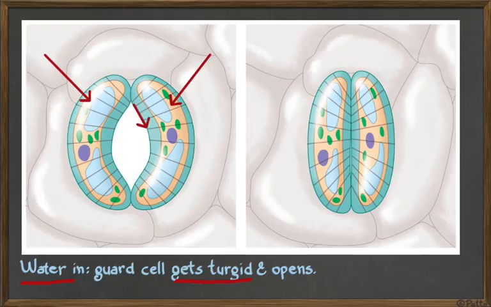And when they have this bean shape, they leave an opening. They are open. If the plant gets dry, if there's not much water, the plant loses water, so the water gets out of the guard cells, and the guard cells get flaccid. And if they get flaccid, they close, and now there's no way for water vapor to get out from here.